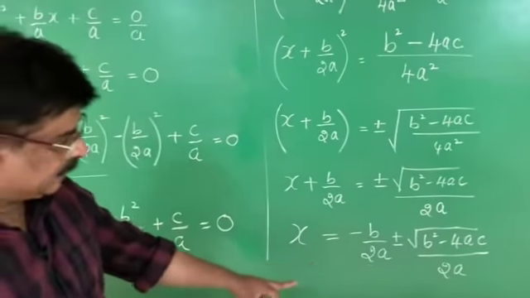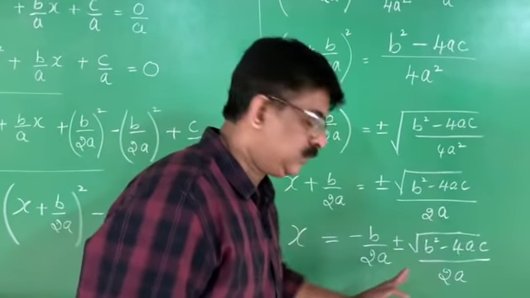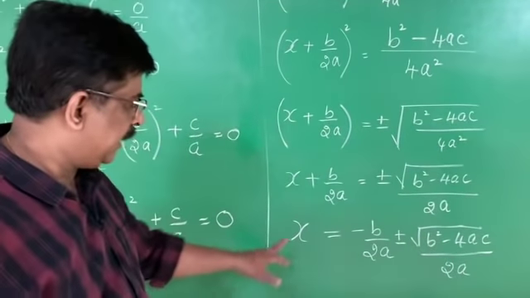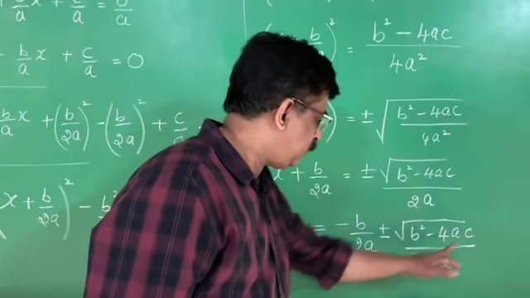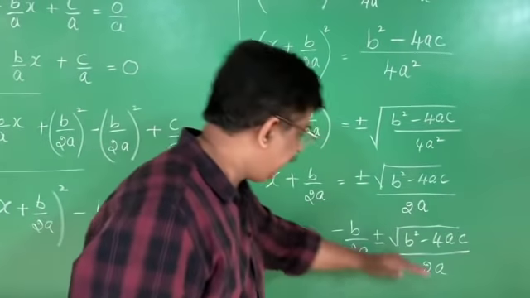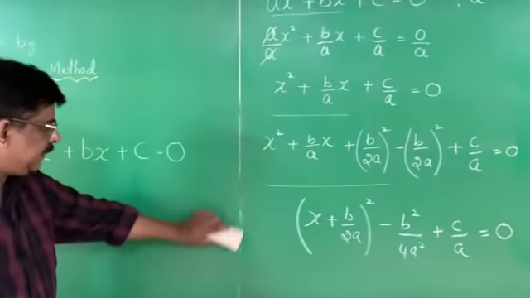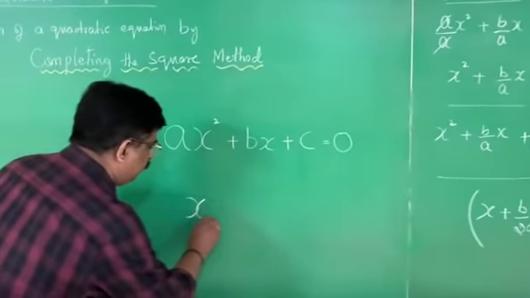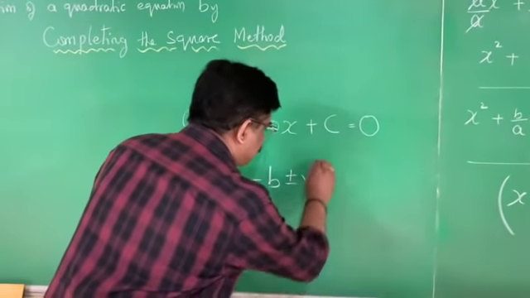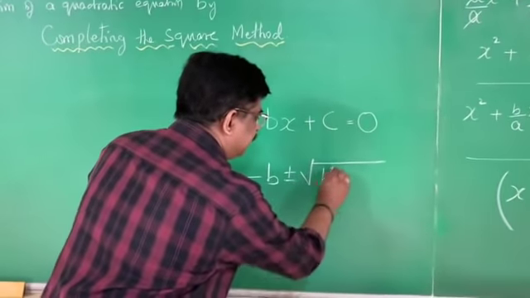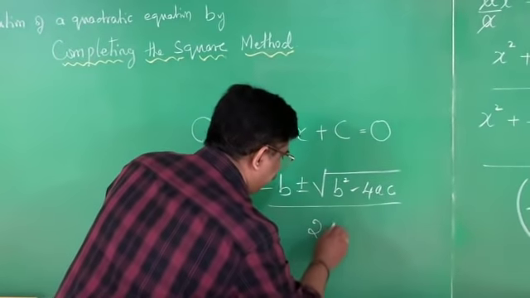If you see this one, both have common denominators. Both the denominators are the same. Therefore, I can write x is equal to minus b plus or minus square root of b square minus 4ac whole divided by 2a.